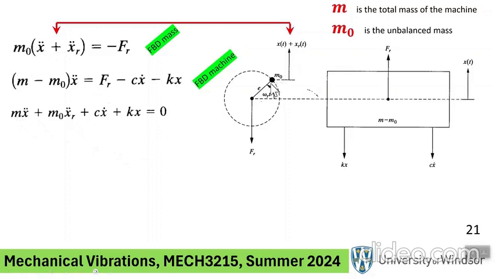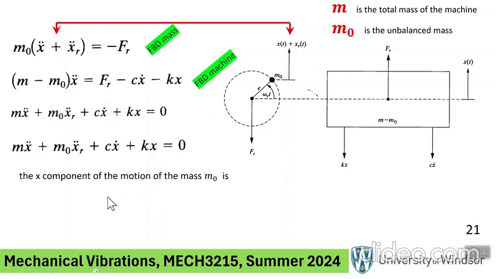The position of this mass m naught as a function of time is right here. In this right triangle, the vertical position is the eccentricity times the sine of that angle. See that? This is the vertical position, which is your xr.